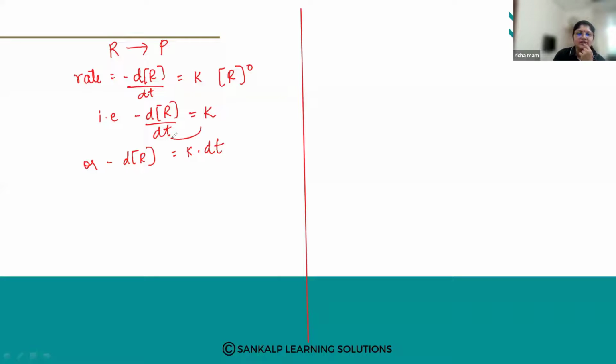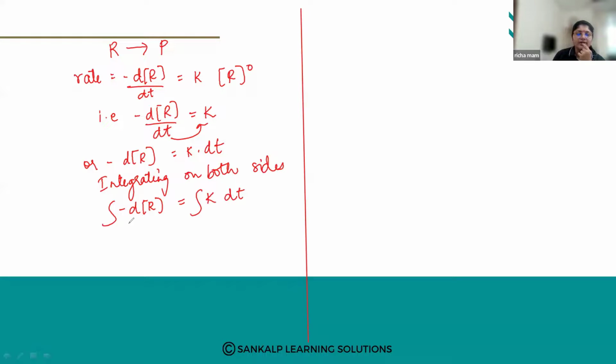I'm shifting this here. What is the next step? Integrating on both sides. Integration of minus dR is equal to integration of k dt.